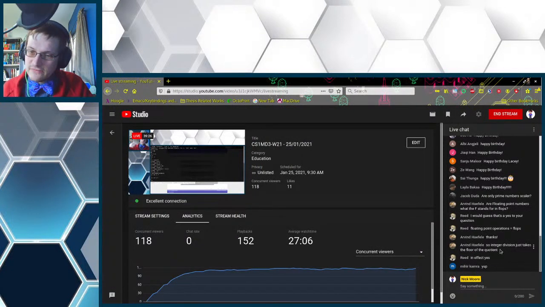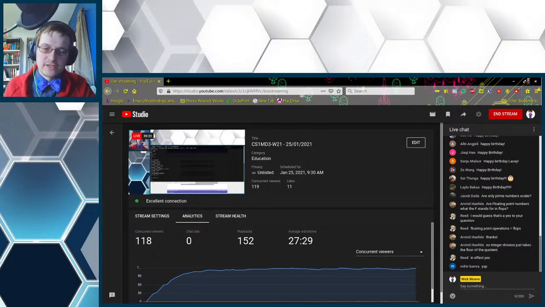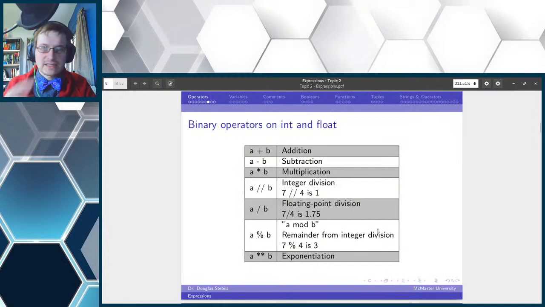So let me see if I have any questions. Integer division just takes the floor of the quotient. Yes, if you know what a floor operation is. Floor and truncation are exactly the same thing. I don't know if a lot of people know what a floor operation is outside of the math department or the computer science department.